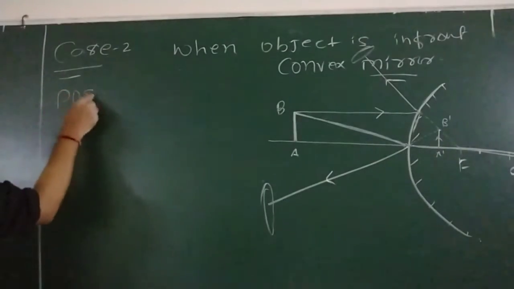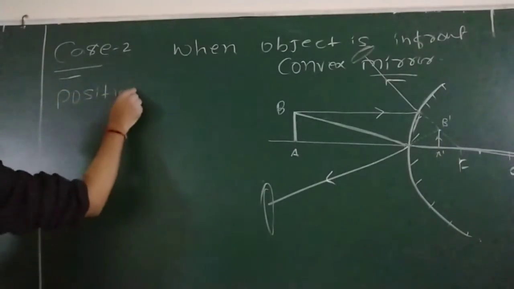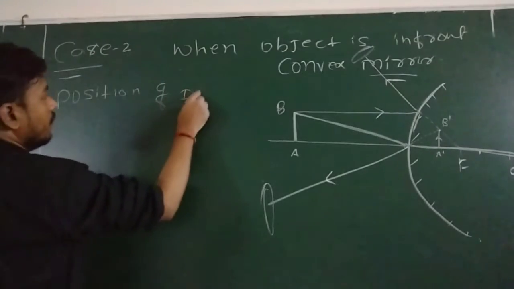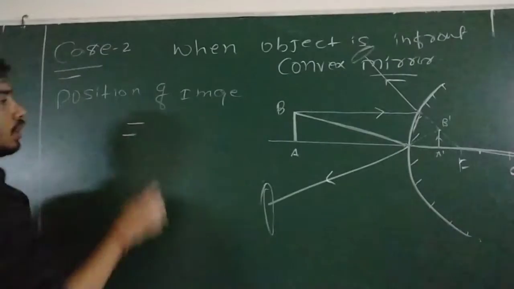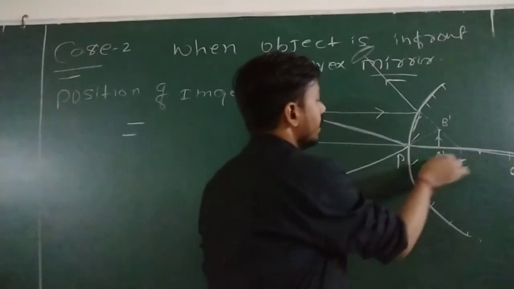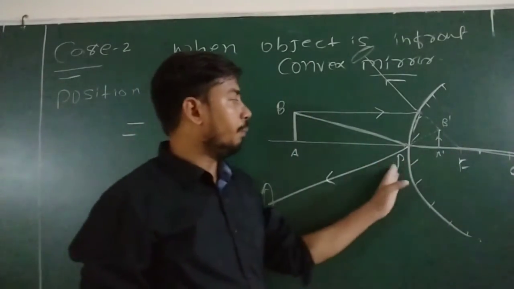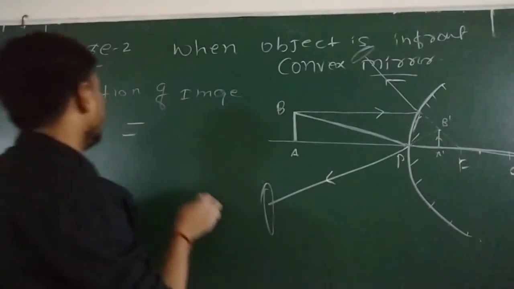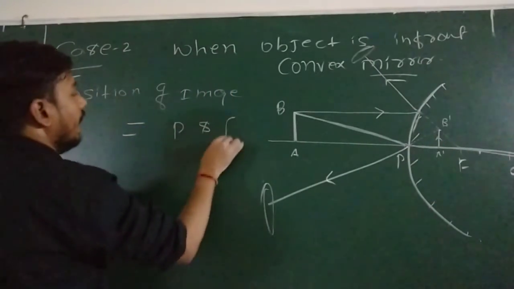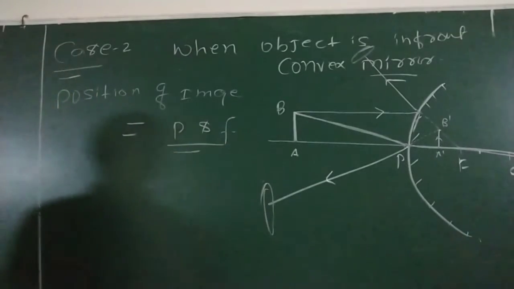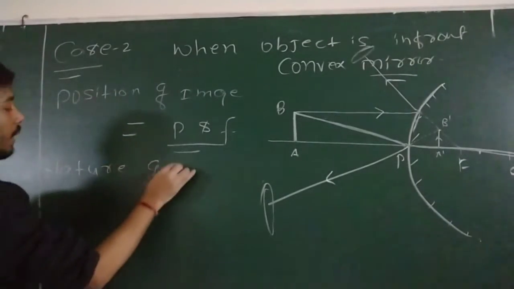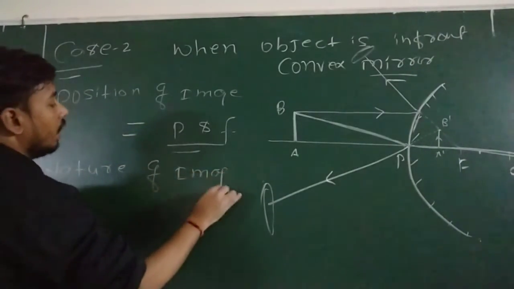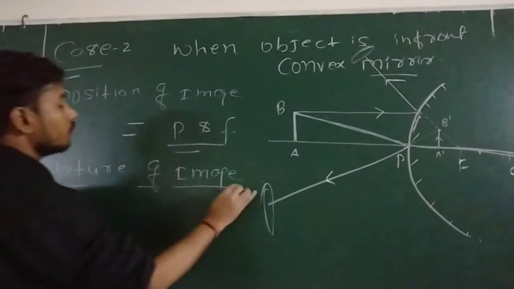See, position of image. So what is the position of the image? This is P and this is F. So between P and F. Position of image: between P and F. Now coming to the nature of image. See here.